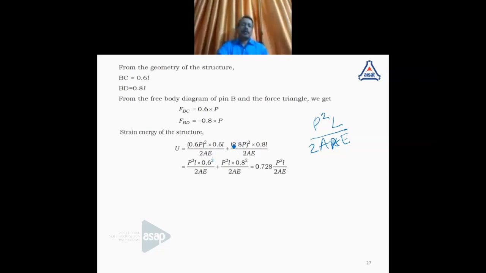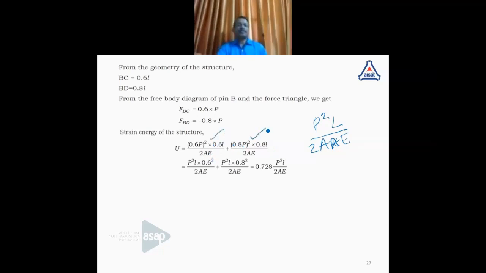This is the contribution from one part, and this is the contribution from the other part. We multiply and add these together to get the total strain energy of the two components of the system, which is subjected to a single force. That is the strain energy from parts BC and BD.